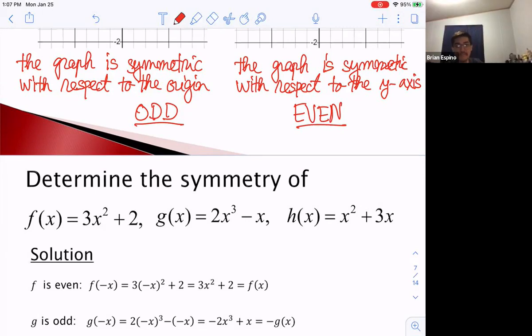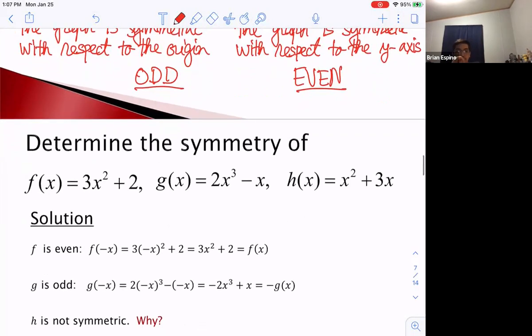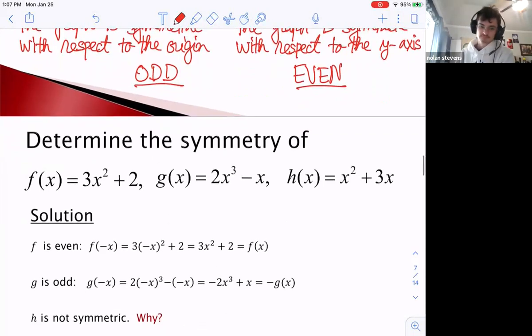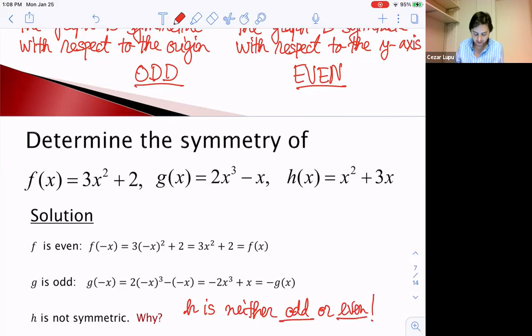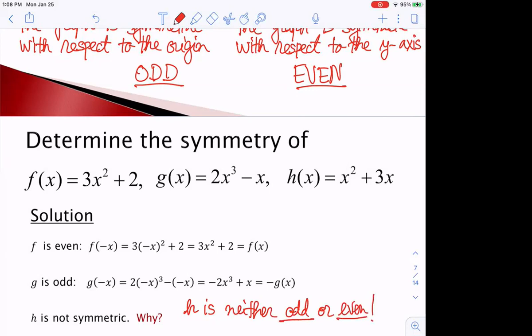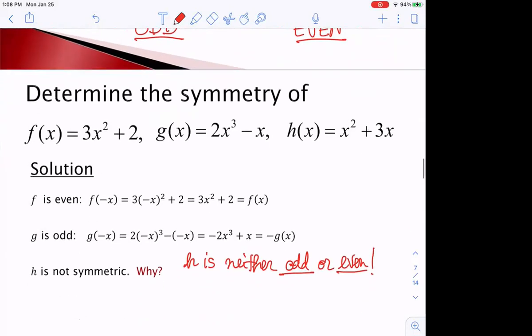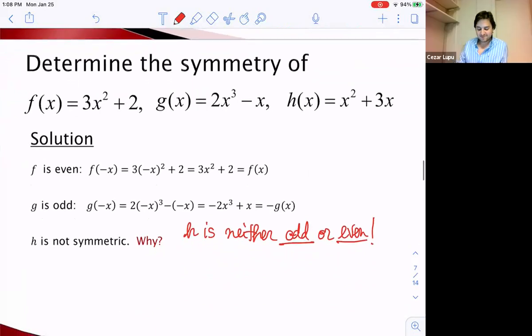I think it's even. Well, neither. Guess what? It's neither. So the function h is not symmetric. So in other words, let me write here, h is neither odd nor even. So that's what we mean by not symmetric. Why? Well, why do you think this is?